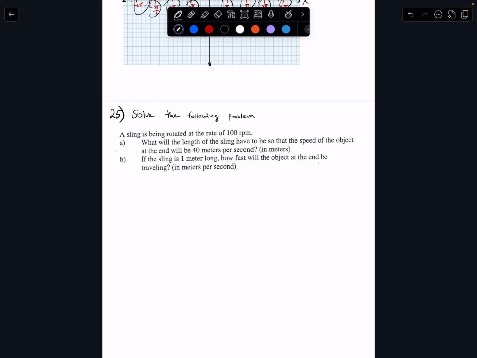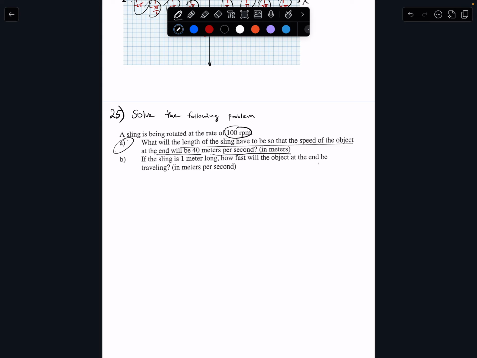So the question is saying, a sling is being rotated at a rate of 100 RPMs, okay? So A, what will the length of the sling have to be so that the speed of the object at the end will be 40 meters per second?